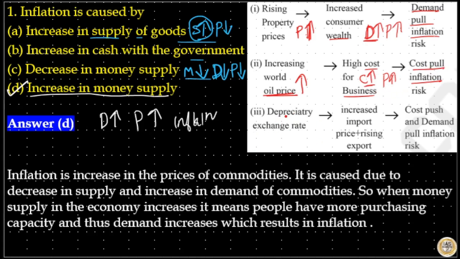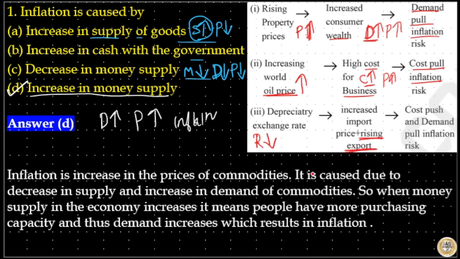Next is depreciating exchange rate. If Indian rupee is depreciating, that is Indian rupee lost its value against foreign currencies, that means rupee value diminishes. Rupee value decreases means our product will be cheaper to foreigners.